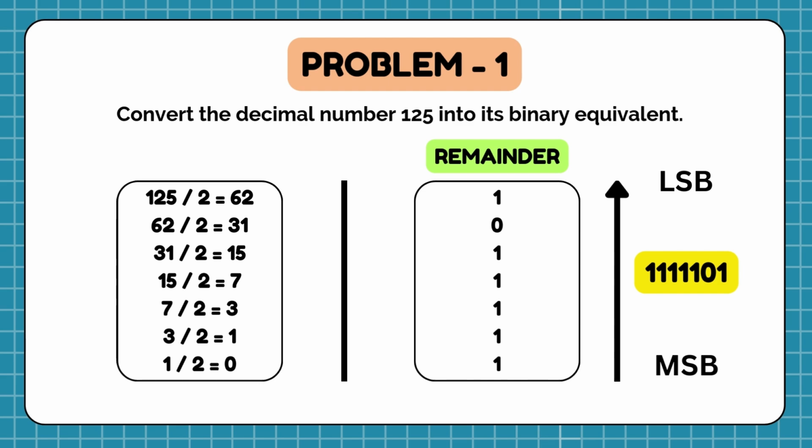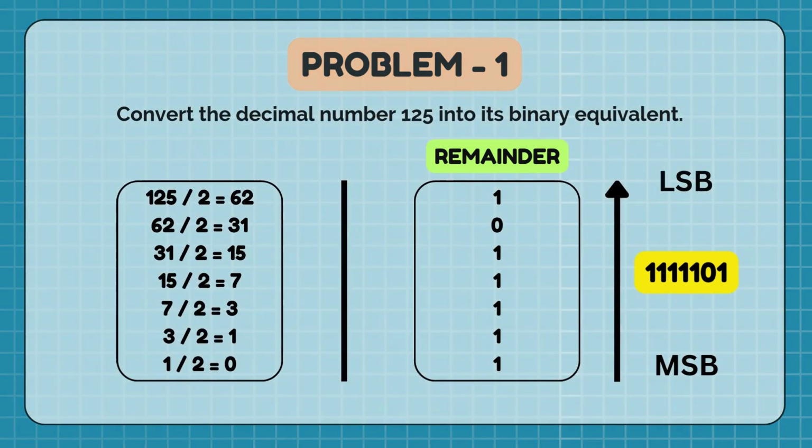Finally, 1 divided by 2 gives 0 with a remainder of 1. Now, if we read the remainders from bottom to top, we get 1111101. So, 125 in decimal is 1111101 in binary.